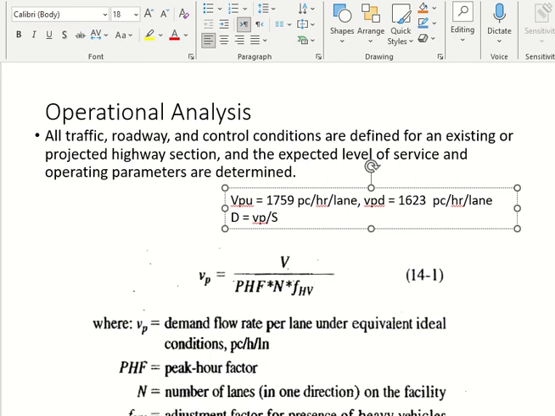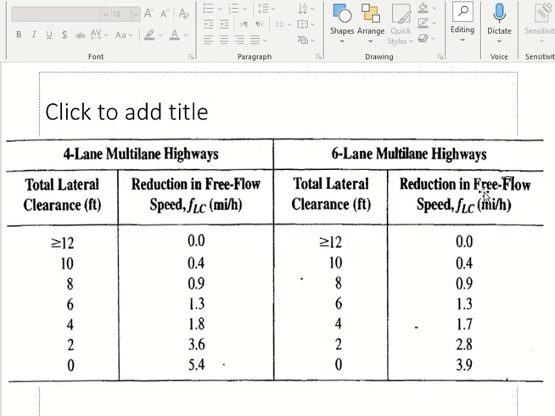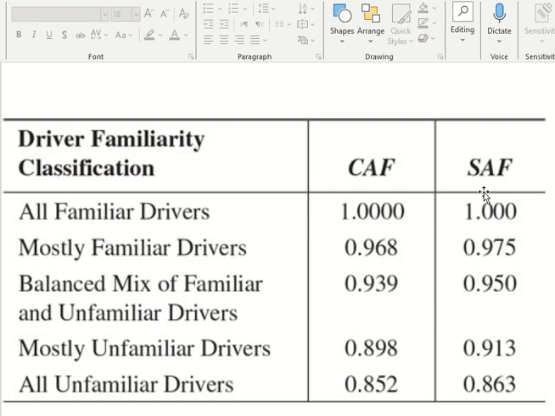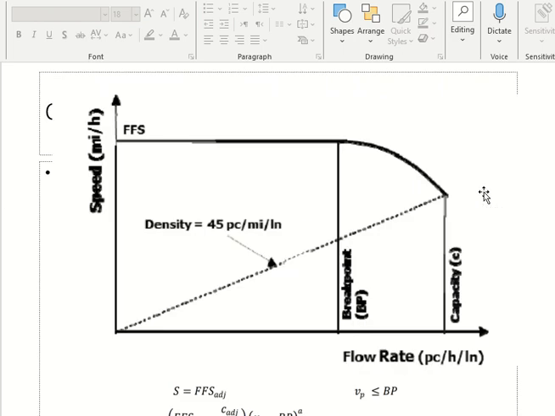But I cannot use the free flow speed until I know I'm in a specific zone. So I need to decide if I am here or here. If I am here, then speed equals free flow speed. If I am here, speed is something else. I need to calculate it.